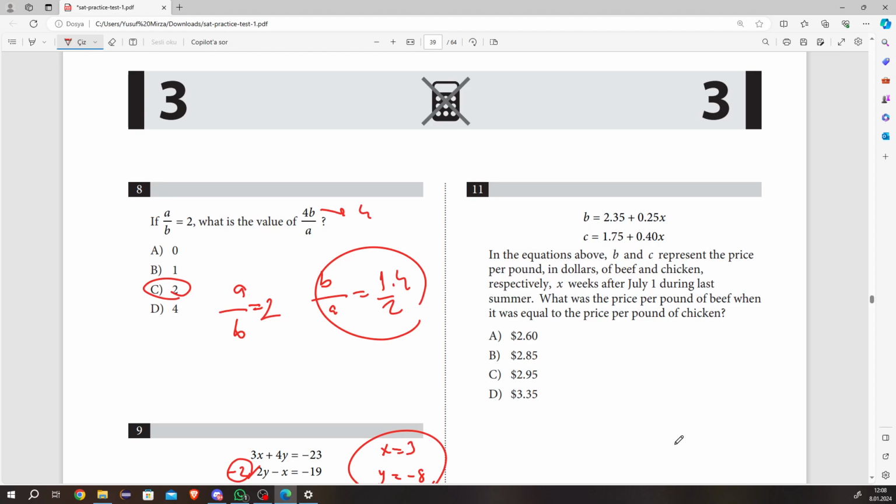In the equations before, we answer in dollars of cheese and chicken respectively each weeks after July 1 during last summer. What was the price per pound of beef when they're equal? Yeah, we simply write the equation, and we want these ones equal to each other, so let's solve it.